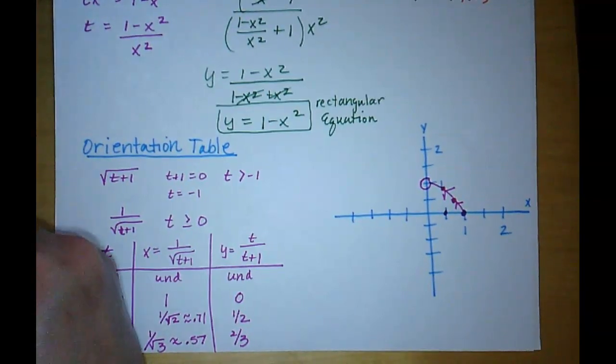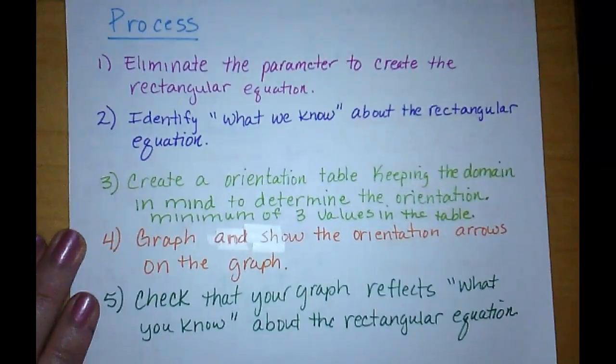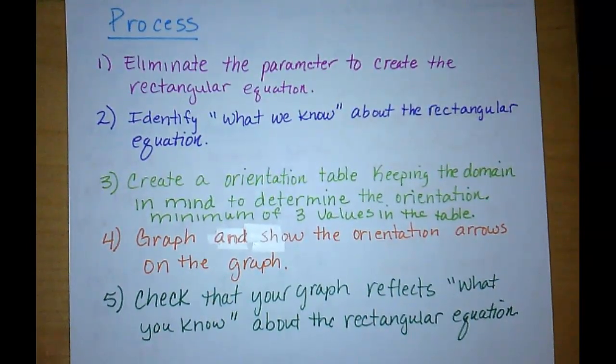So the next thing I want to kind of review from day 1 is the process. So we eliminate the parameters to create the rectangular equation. If it's not a trig function, you solve for t, plug into the other one. If it is a trig function, you use an identity. Then you're going to identify what we know. This is just a really good practice to get into to make sure that your answers are reasonable.